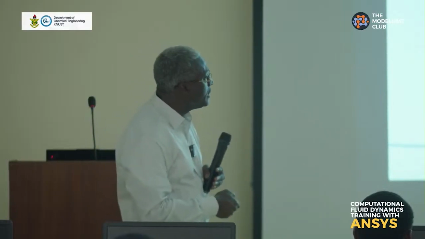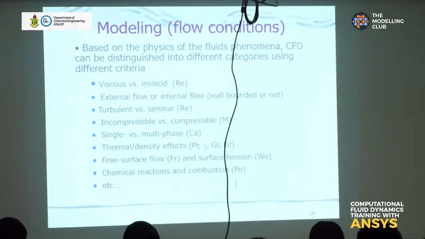Free surface flow and surface tension effects can also be important within a given system. The Froude and the Weber numbers apply in terms of free surface flow and surface tension, and then the Peclet number in terms of chemical reactions and combustion. This is not the be-all and end-all of all of this.